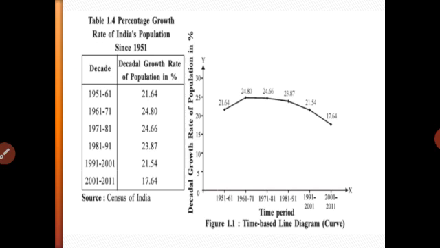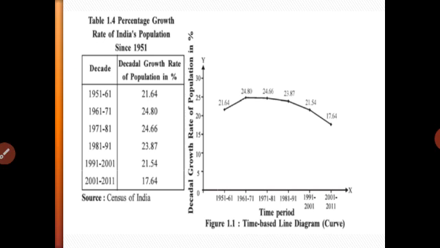You can see the next figure 1.1, which shows the time-based line diagram, also called a curve. The x-axis represents the decades, which is time, also called the independent variable.